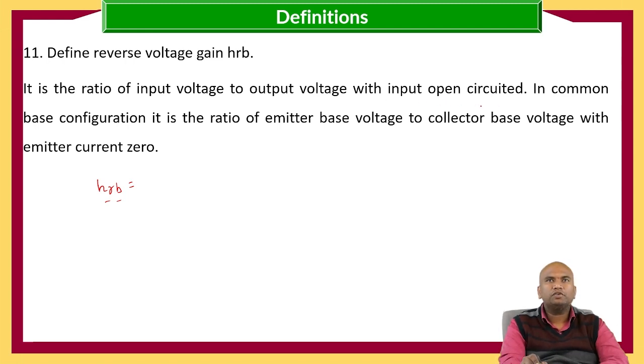In common base configuration, it is the ratio of emitter base voltage to the collector base voltage with emitter current 0, that is HRB equals VEB divided by VCB with IE equal to 0.